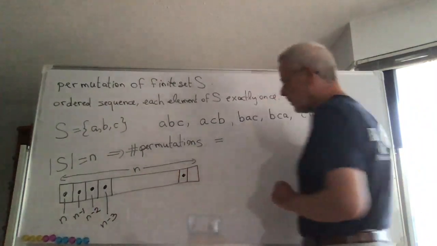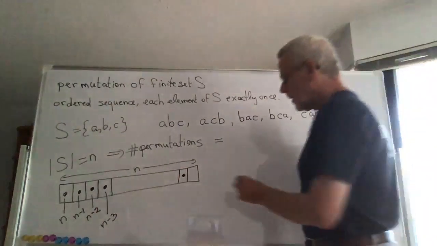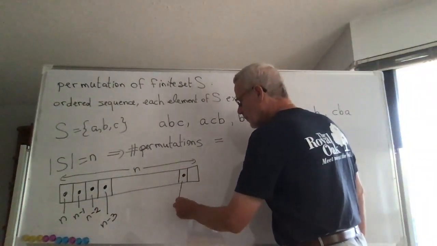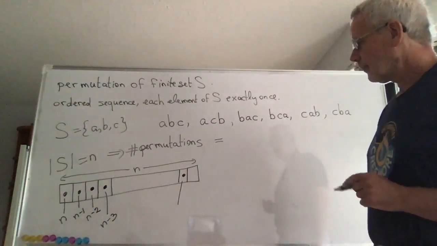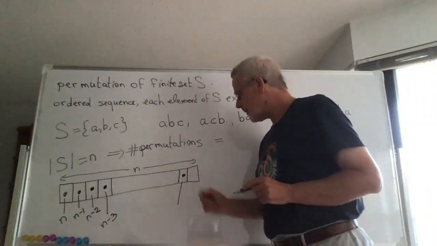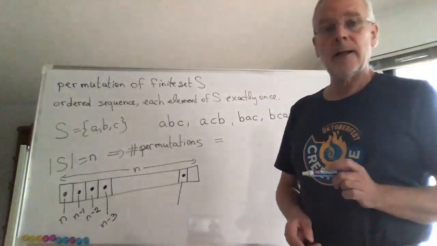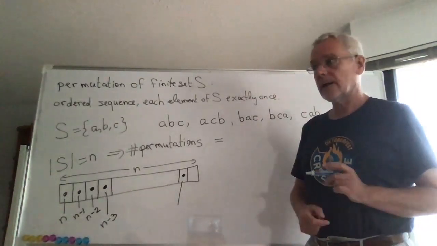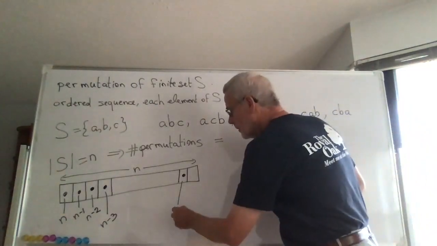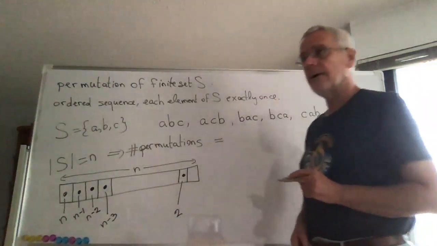So we are almost done. How many choices are there? Well, when we choose this value here, we have already chosen n-2 elements. So there are only 2 elements left to choose from. So there are 2 ways to do that.